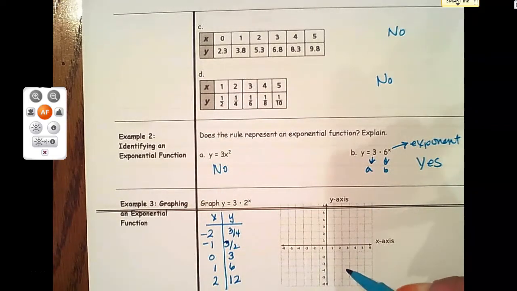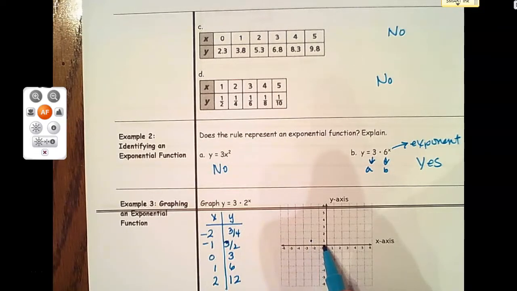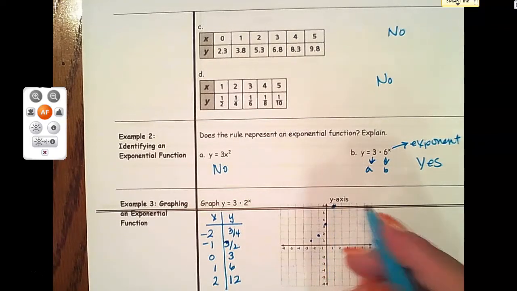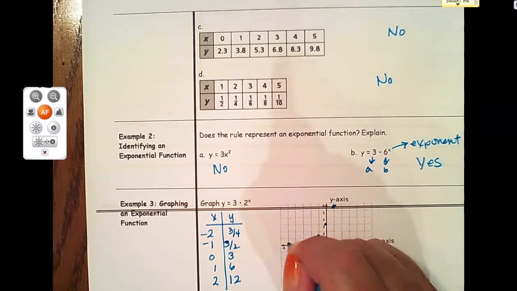I won't have a place to graph all of this on here. But at -2, I'm at 3/4. At -1, I'm at 3/2. At 0, I'm at 3. At 1, I'm at 6. That's all I have room for.